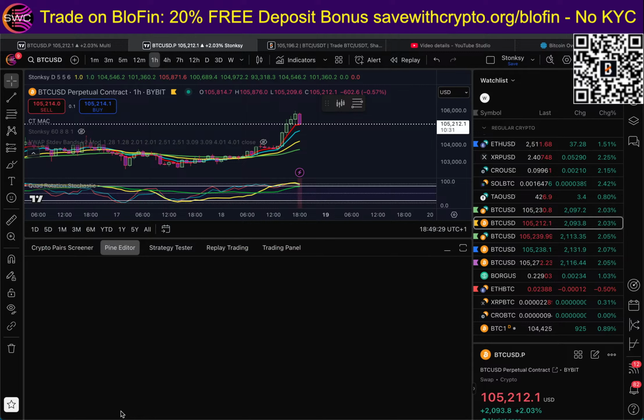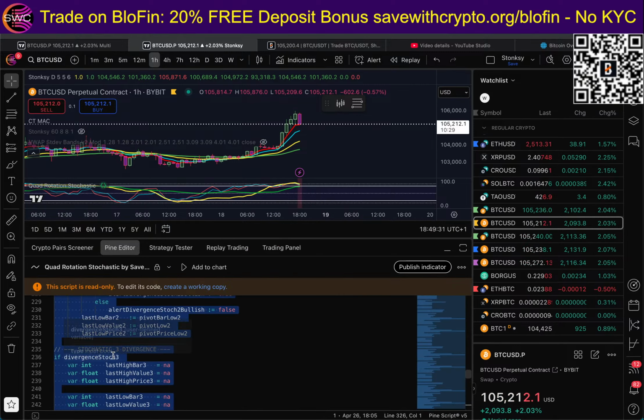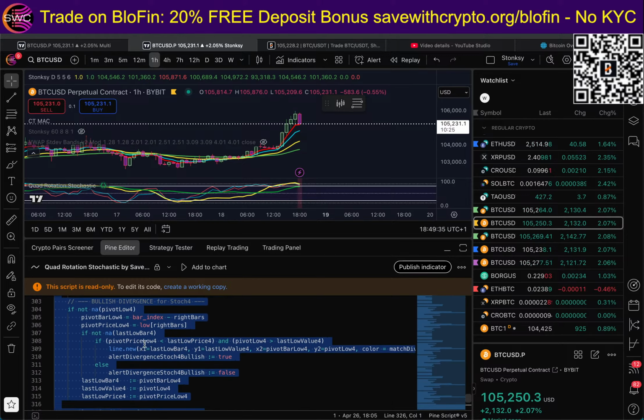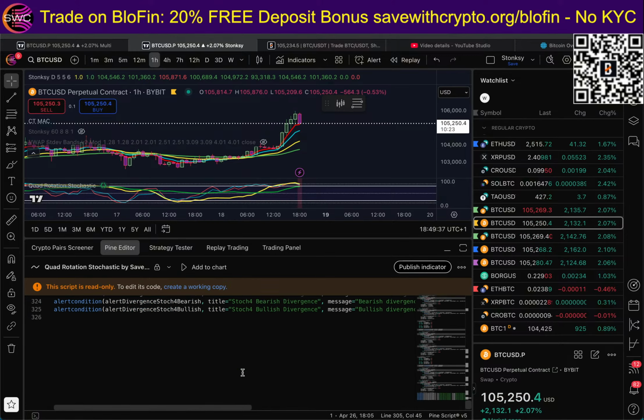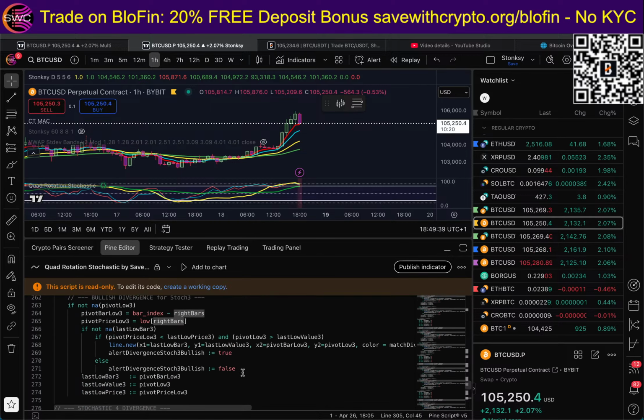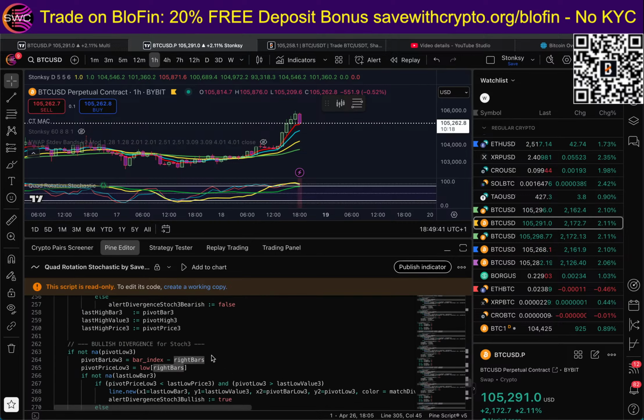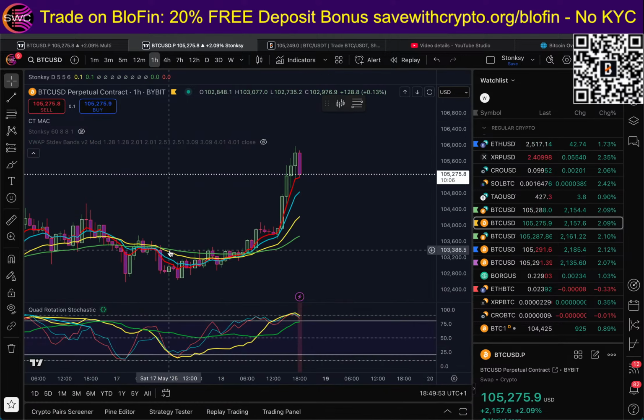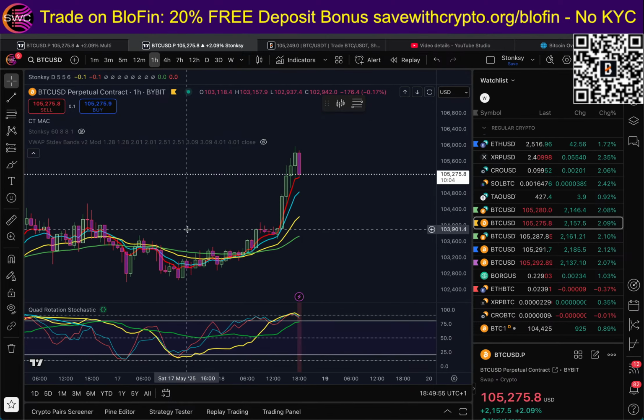If you're any good with this kind of stuff, you can go to the Pine editor and look at the code and work out what it's doing. And you can actually get the whole code, stick it into ChatGPT and say, what does this do? Or, how can I use this? And it will come up with ideas for you. So that's the thing you can do, which is quite cool.